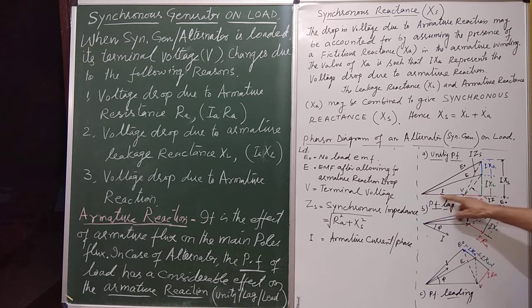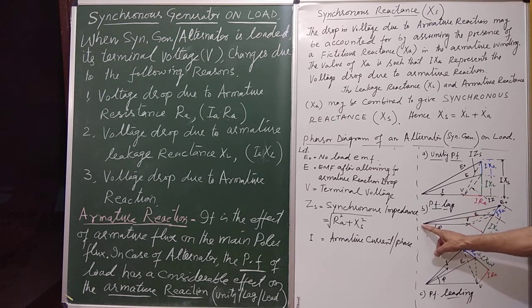IXL is the leakage reactance drop, and IXA is the fictitious reactance drop. Both reactance drops are at right angle. So this is the E, this is the E0. E0 is the total EMF induced, and E is the EMF induced after allowing for voltage drop due to armature action. So this is at unity power factor.